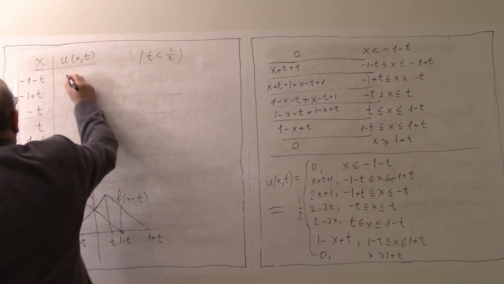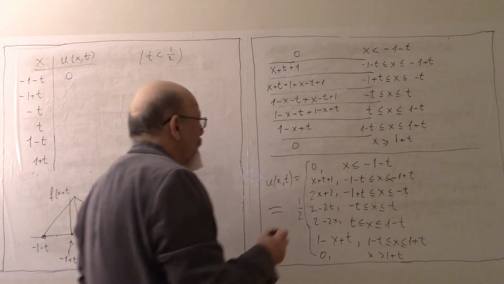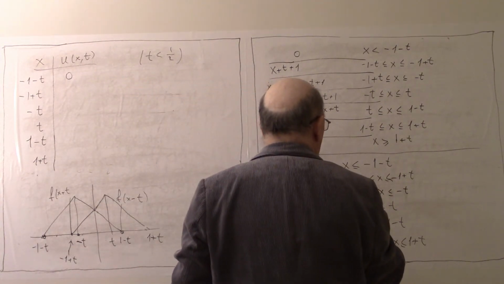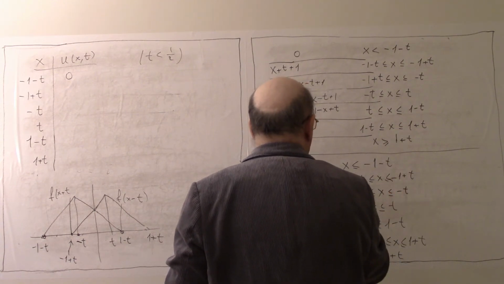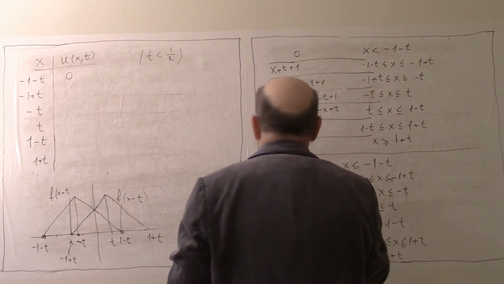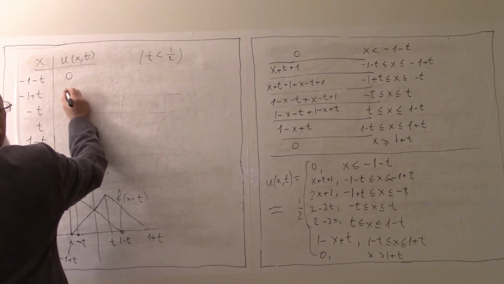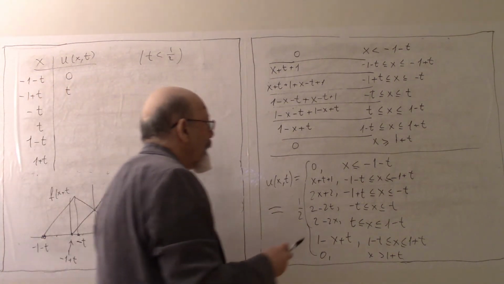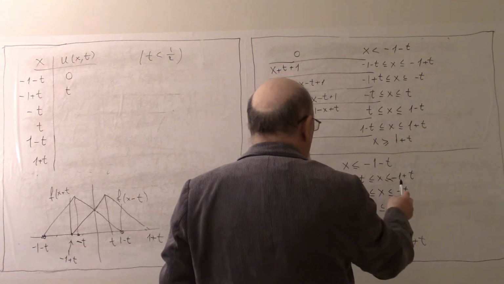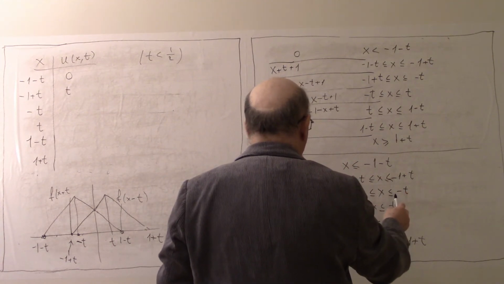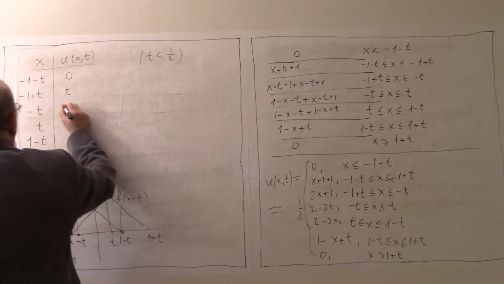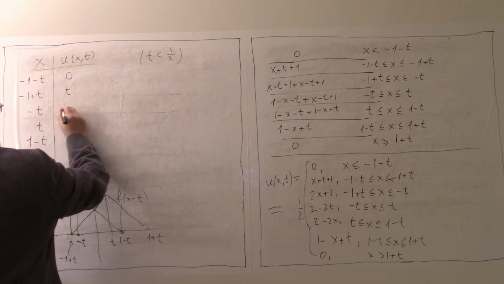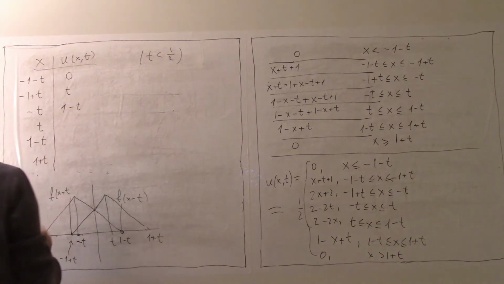Here we have 0. Here at the point minus 1 plus t, we get 2t, divided by 2, t. Here at the point minus t, it is 2 minus 2t, divided by 2, 1 minus t.